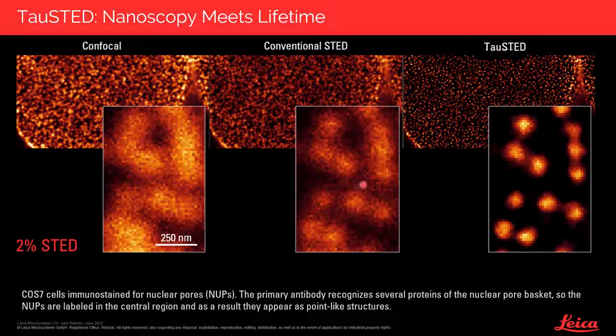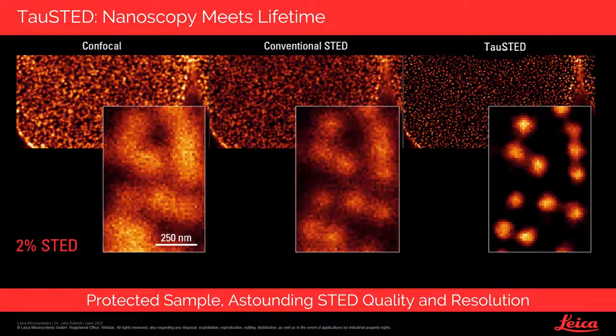And this is how the same image at the same gentle light dose looks when we use tau-STED. We protect the sample, we reach great STED quality, and we increase the resolution greatly.